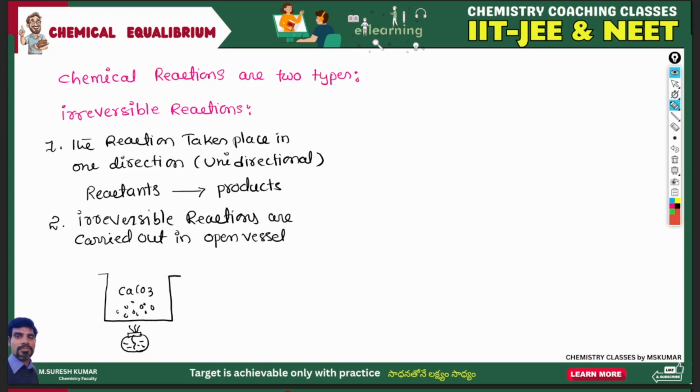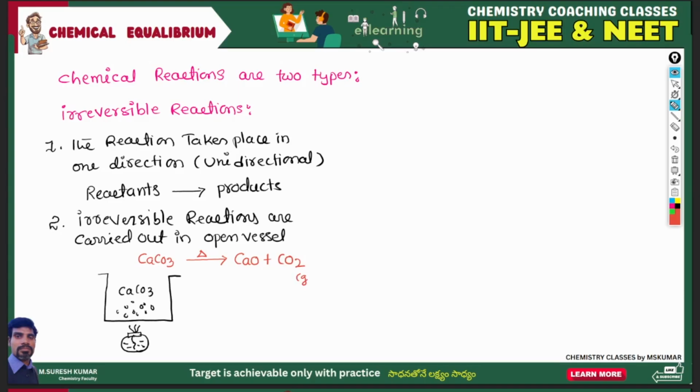What is your observation? Calcium carbonate, CaCO3, is nothing but limestone. On heating in an open vessel, the CaCO3 is decomposed into CaO plus CO2. Here in this reaction, calcium carbonate decomposes and produces calcium oxide and carbon dioxide.